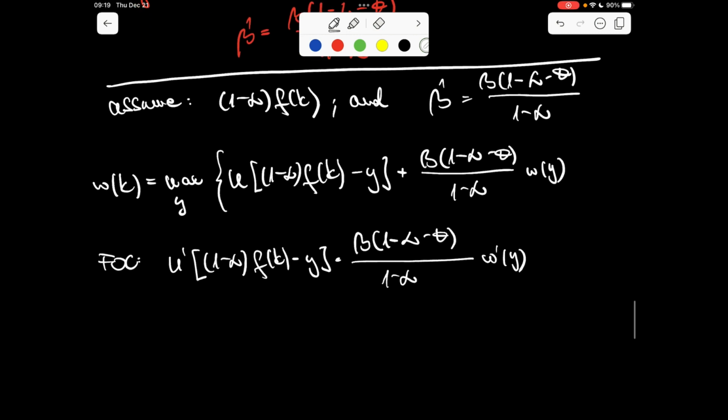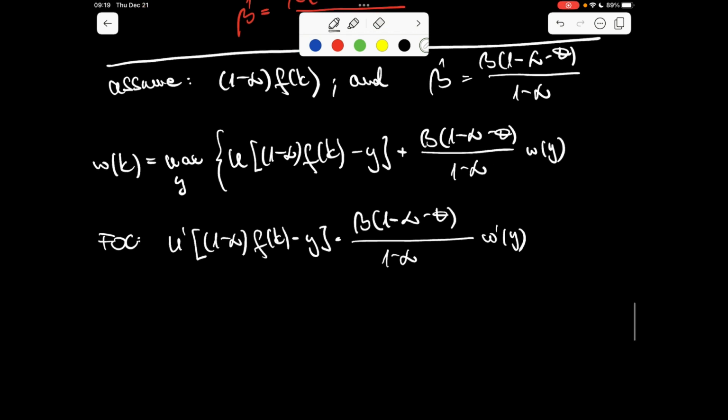Okay, it's equal to the first order condition of the distorted economy if this relationship between the two problems holds.